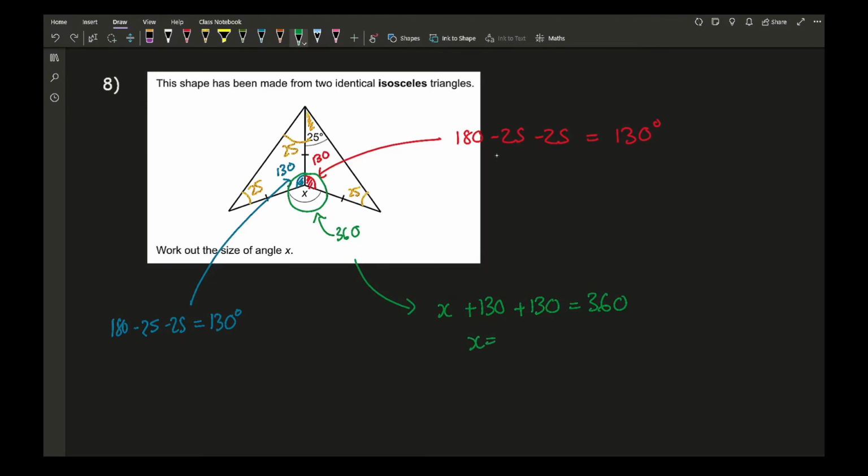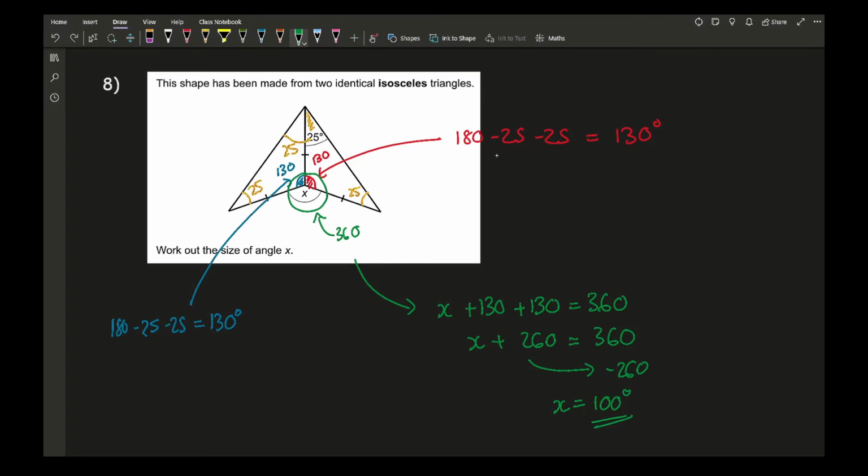If I simplify this, I get X plus 260 equals 360. The opposite of adding 260 is to take away 260. So I've got X equals 100 degrees, and there is my final answer.